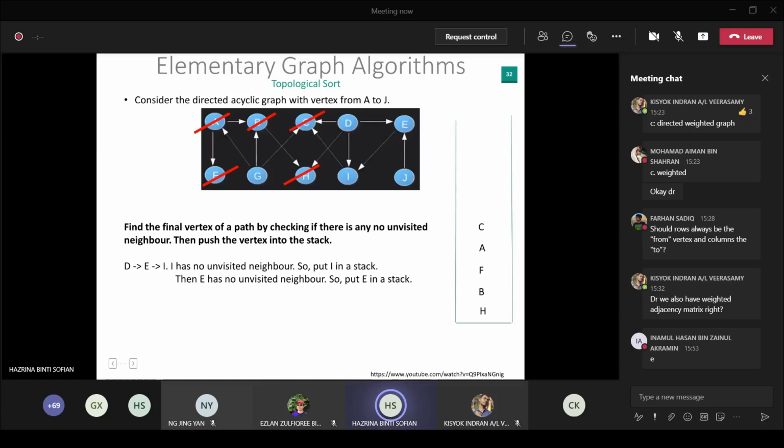Next, we do D. D can go to I and E. Since we follow the alphabetical order, we go from D to E and then I. I has no unvisited neighbor, so we put I in the stack.